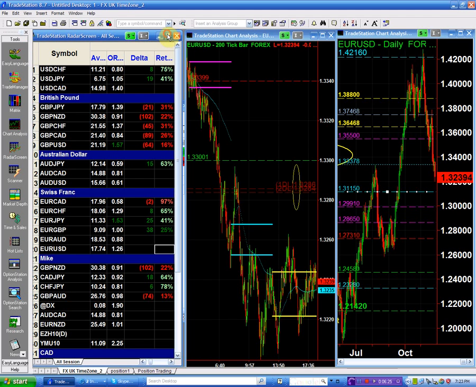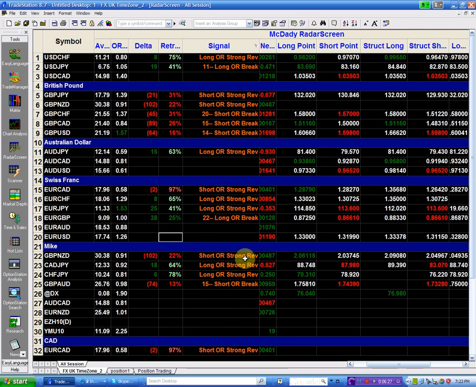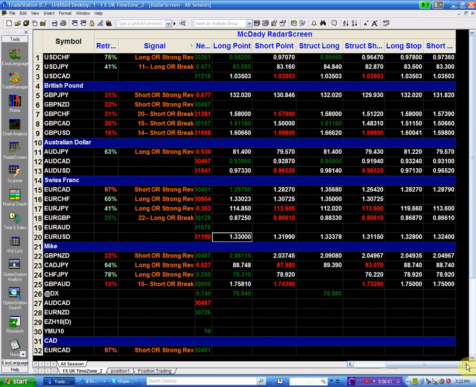Okay, so this is the euro dollar. We are going to buy the euro dollar above 1.33. And if I'm going to buy it at 133, I'm going to put my stop very tight, because this is a trend change move. So my long stop is going to be 132.80.